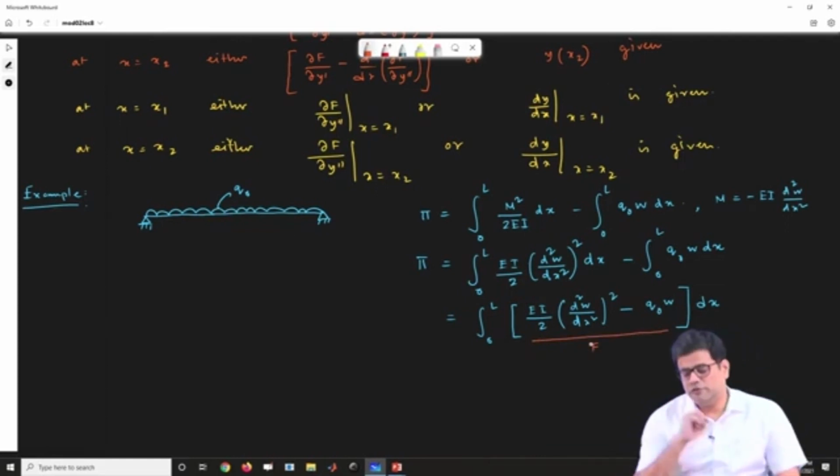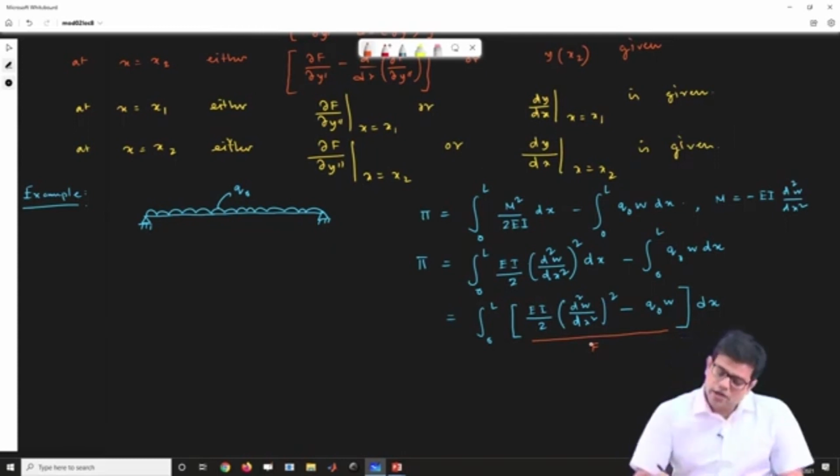So if you look carefully, our f is essentially a function of x, because EI, Young's modulus and I, the moment of inertia, can all be functions of x. So I am just writing function of x, and then this is a second derivative. So this is a function of W also, W and W double prime.